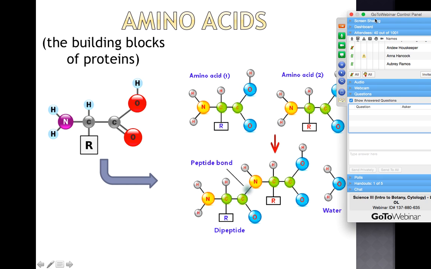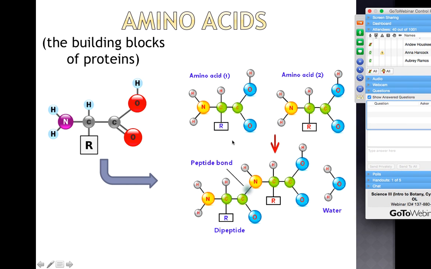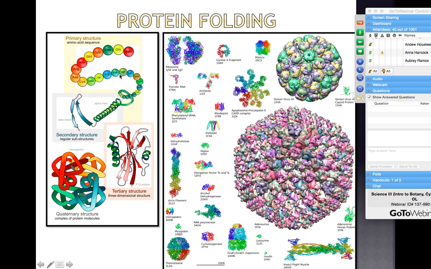Next class we are going to talk more about what happens after this chain of amino acids is put together. What I'm just going to tell you is that the chain of amino acids starts folding, making structures, they combine, and then they make beautiful and amazing biological machines.